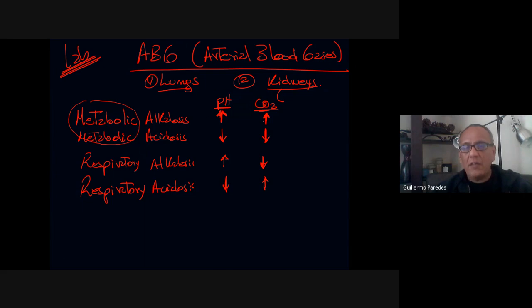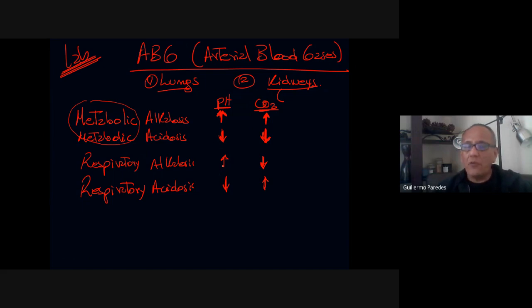That means that is metabolic. Metabolic, but high pH is metabolic alkalosis. Here in metabolic acidosis, when the pH is low and the carbon dioxide is low, they go in the same direction. So that means that this is metabolic. But this low pH means metabolic acidosis.